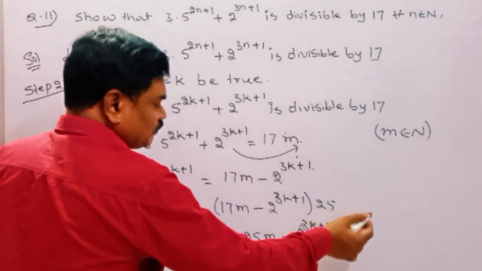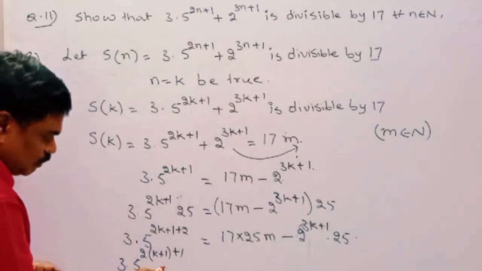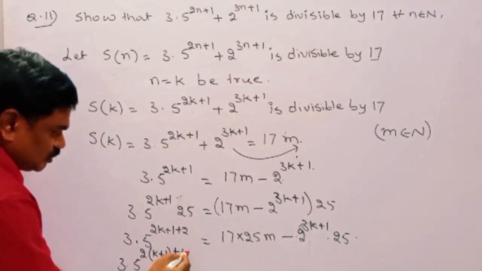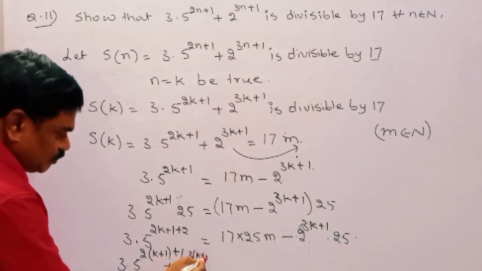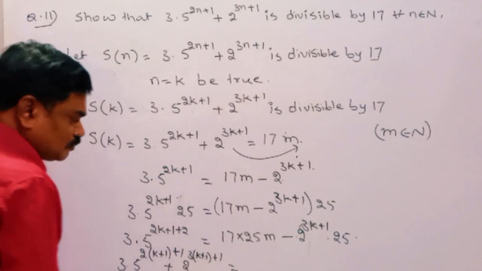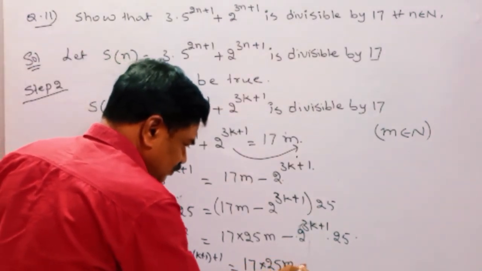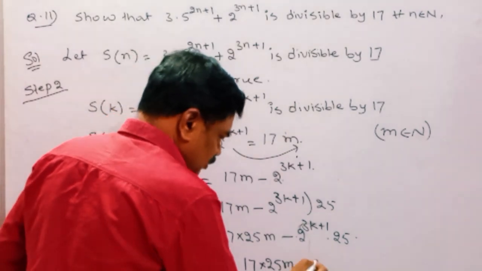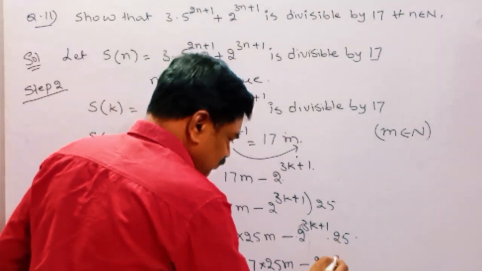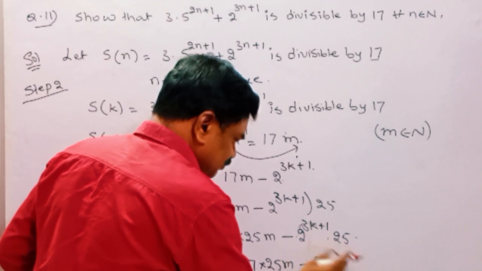Then equal to 17 into 25m minus 25 into 2 power 3k plus 1 plus 2 power 3 of k plus 1 plus 1.